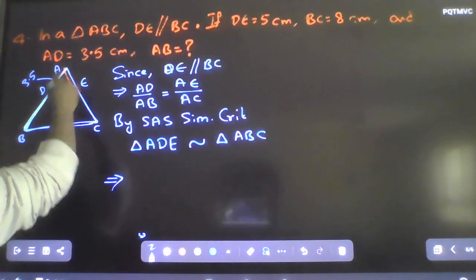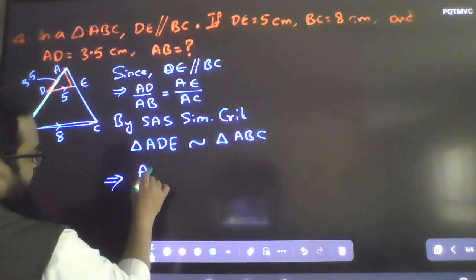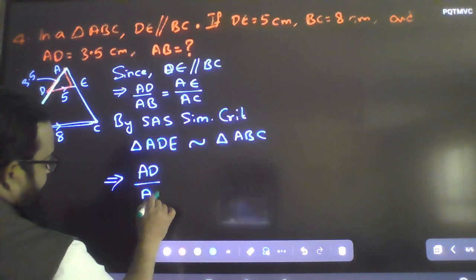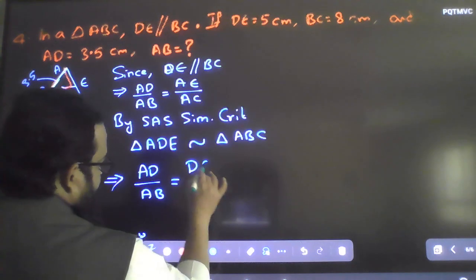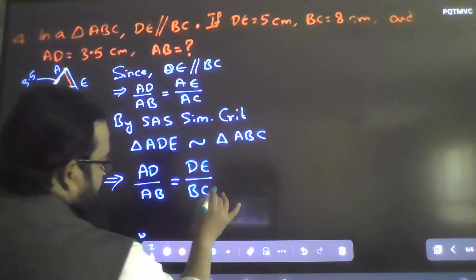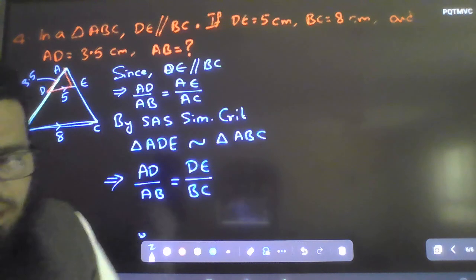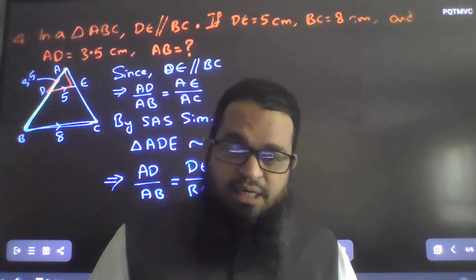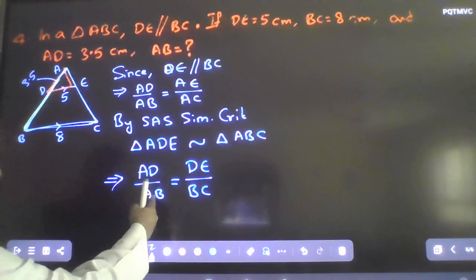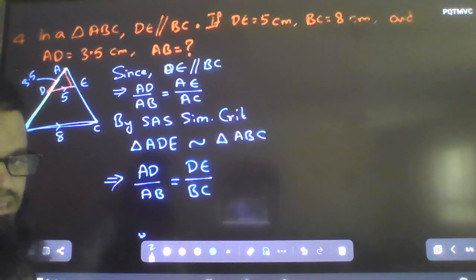What will happen? AD by AB is equal to DE by BC. Is it right? When two triangles are similar, the ratios of the corresponding sides are equal, right? So from that, AD by AB is equal to DE by BC.